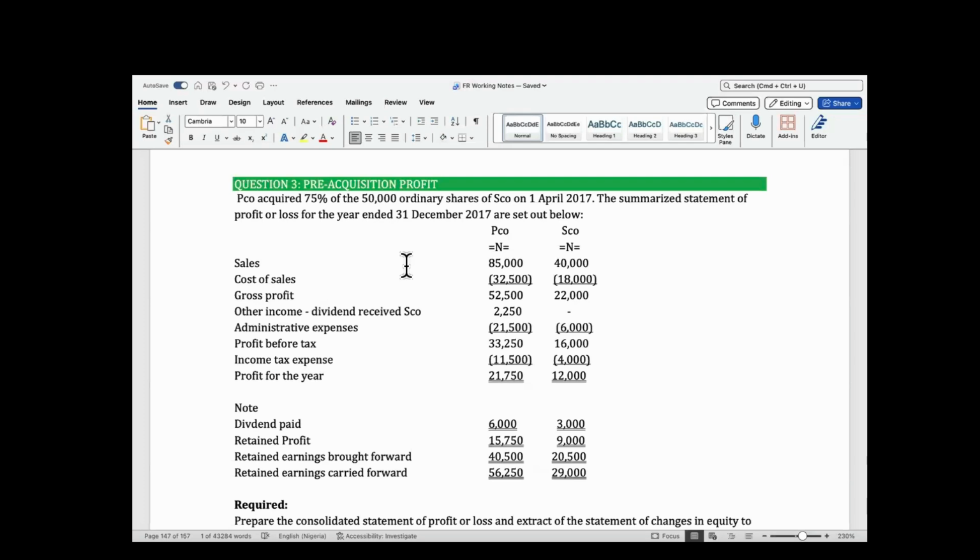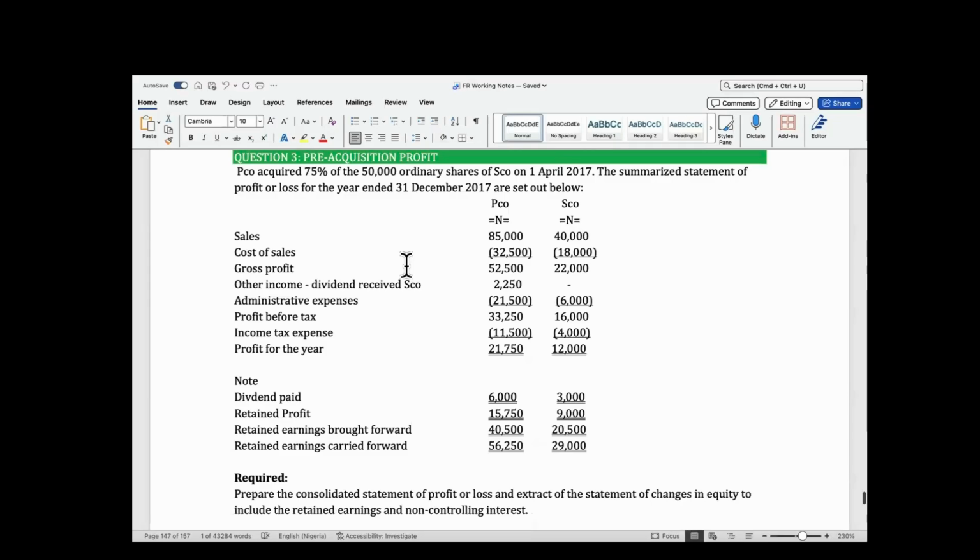So we're given the statement of profit or loss of the parent and the subsidiary. You are required to prepare the consolidated statement of profit or loss and an extract of the statement of changes in equity to include the retained earnings and non-controlling interest.